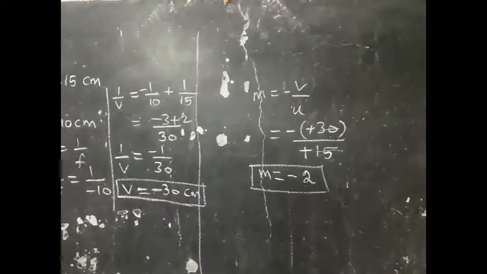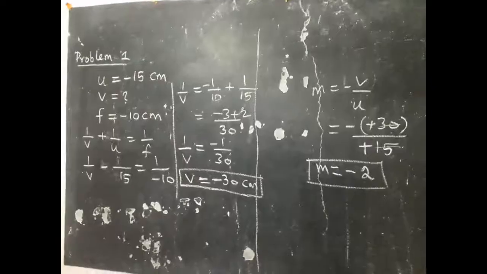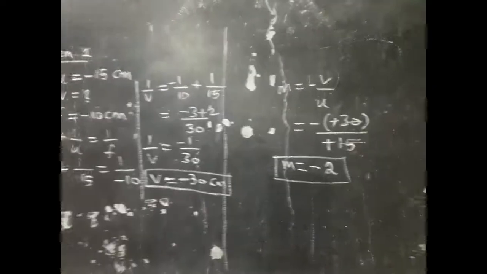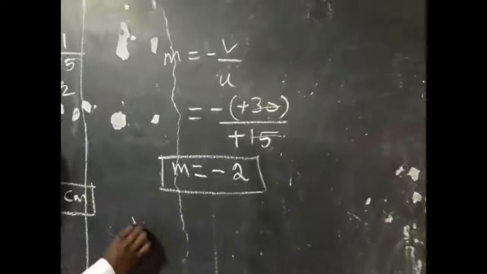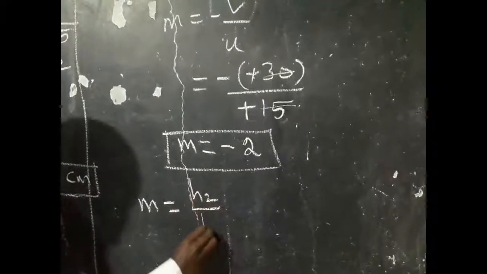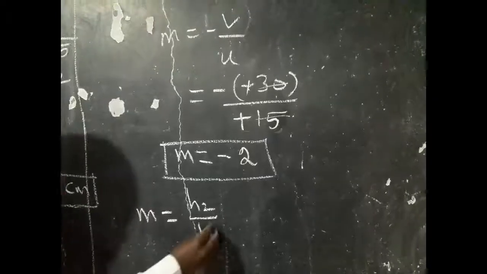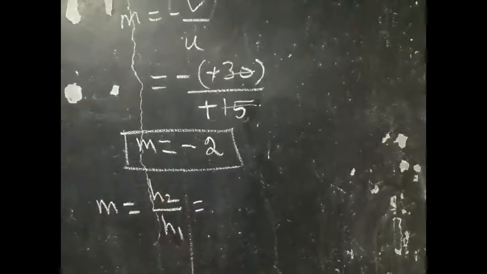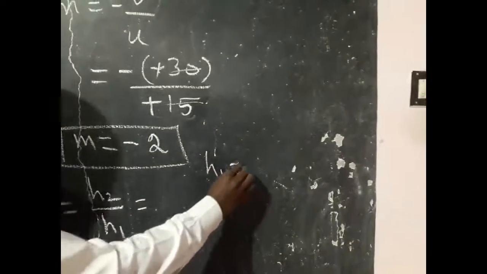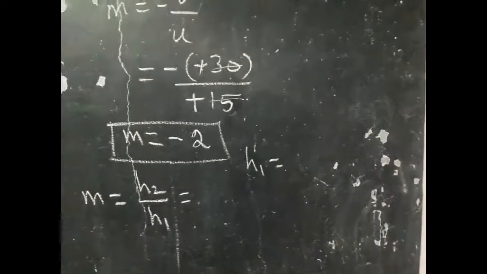We know that magnification is the height of the image divided by the height of the object. So we can take m is equal to image height h2 divided by h1. The height of the object h1 is given as 1 centimeter.